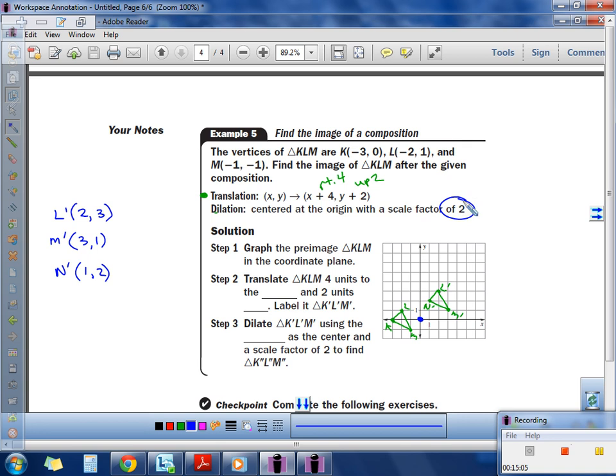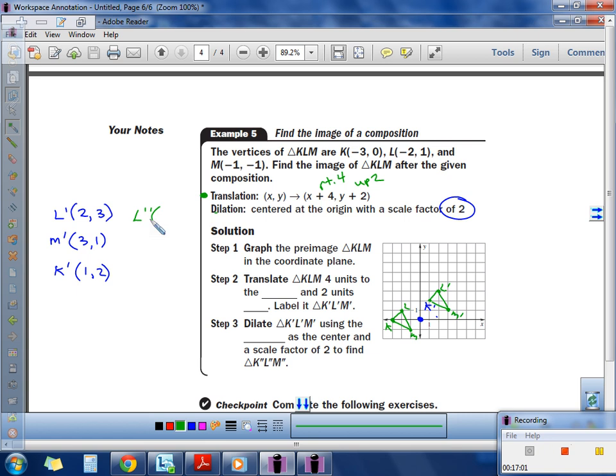We multiply by scale factors. So that means I can multiply all these numbers by 2 and I can get my new points. One little change, it's not N prime, it's K prime right there. So it's not N prime, it's K prime. So multiply every number by 2 to get your double prime shape.